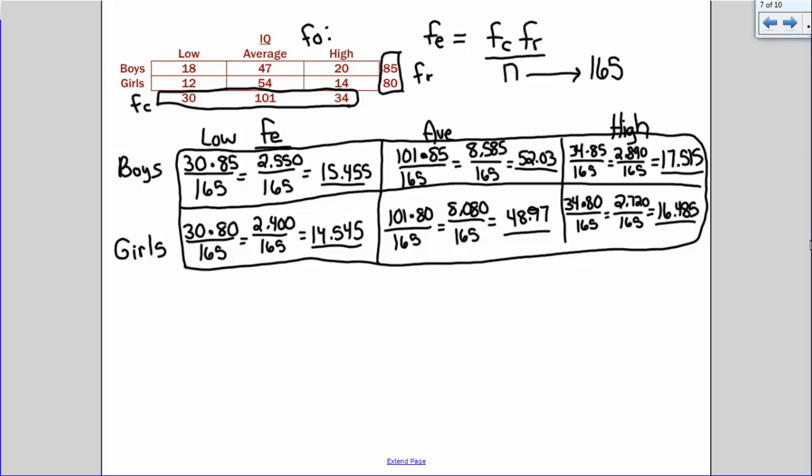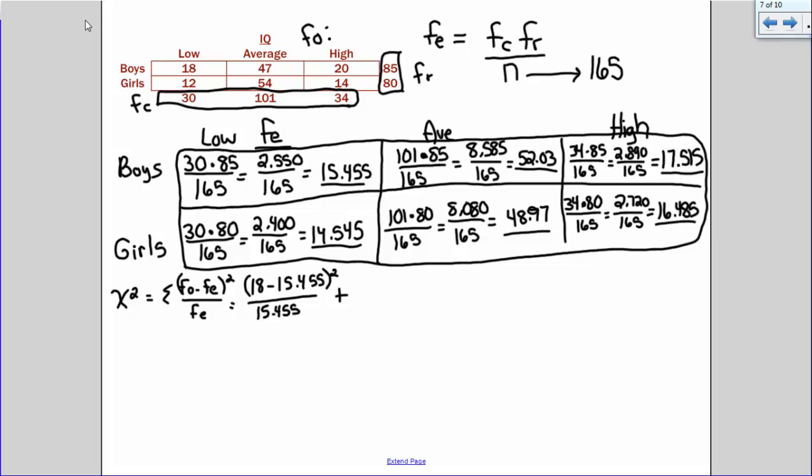All right, let's go ahead and get to these chi-square calculations. Hopefully we have room, because it's kind of a beast. Chi-square is equal to the sum of each observed frequency minus each expected frequency, squared, divided by the expected frequency. So we have 18 minus 15.455 squared divided by 15.455, plus, so now that's for the boys with a low IQ.